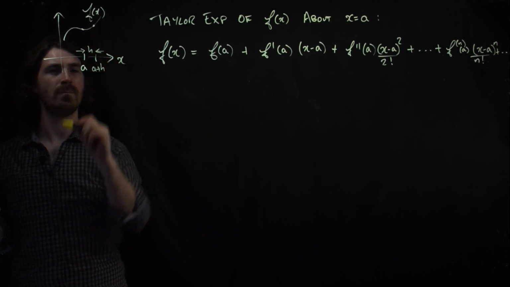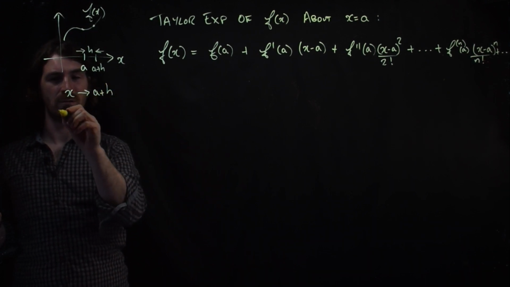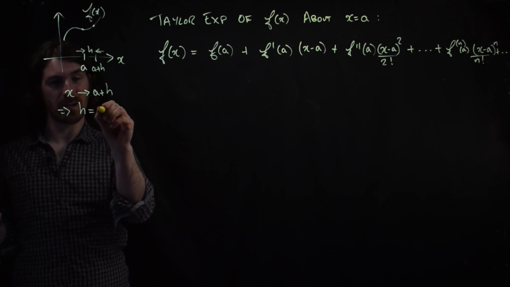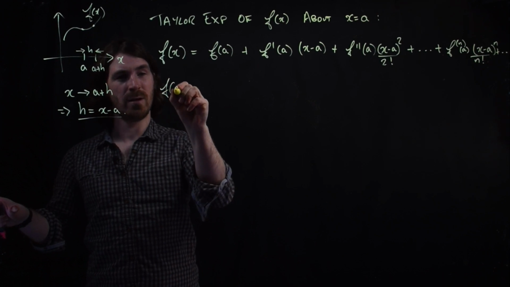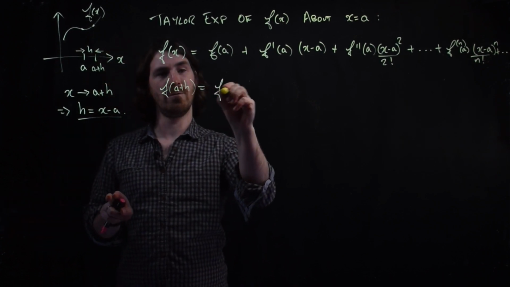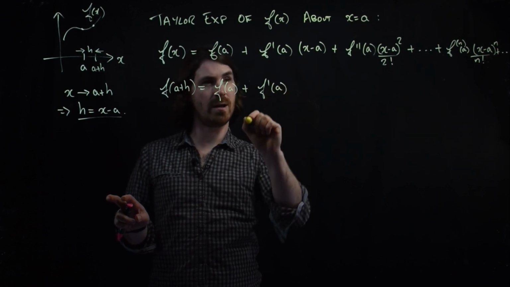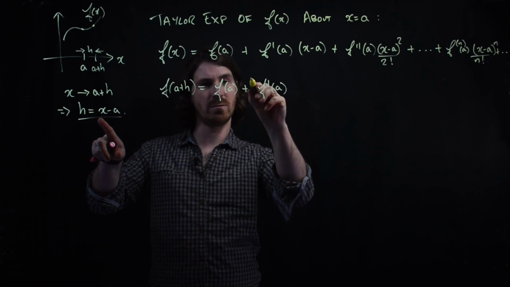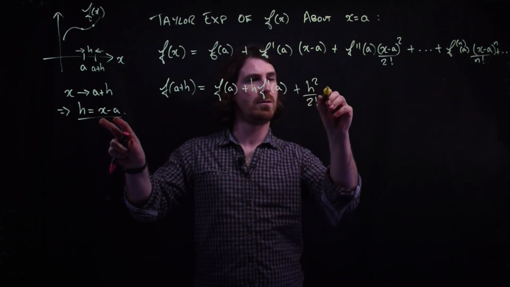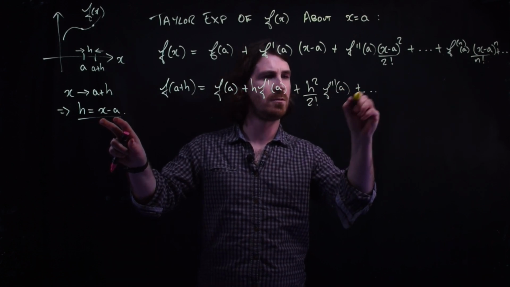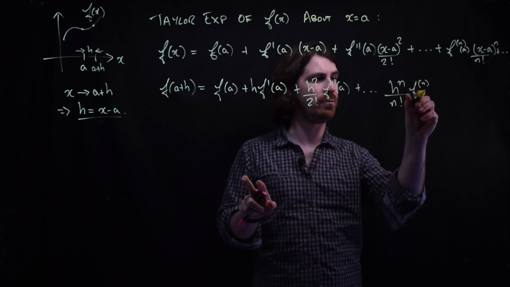So what we called x before is now A plus h, which means our step size is x minus A. If we write this in terms of these variables, we've got f of A plus h equals f of A plus the derivative of the function evaluated at A times x minus A, which is h, plus x minus A squared, which is h squared, over 2 factorial f prime prime A, plus, and then we've got h to the power of n over n factorial times the nth derivative evaluated at A.